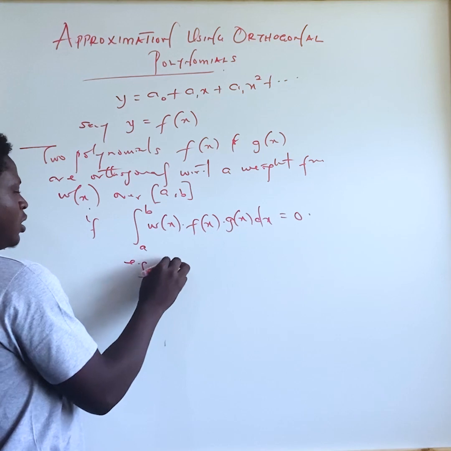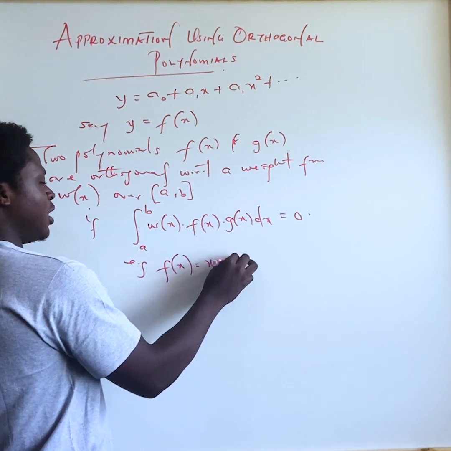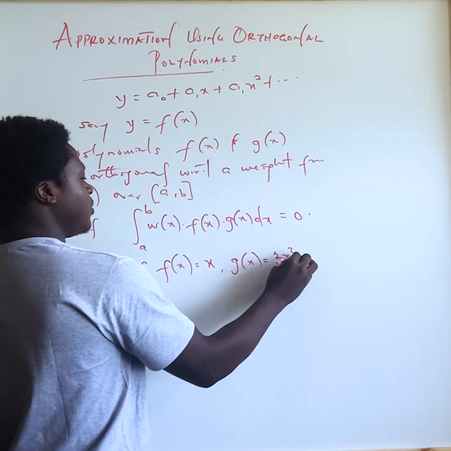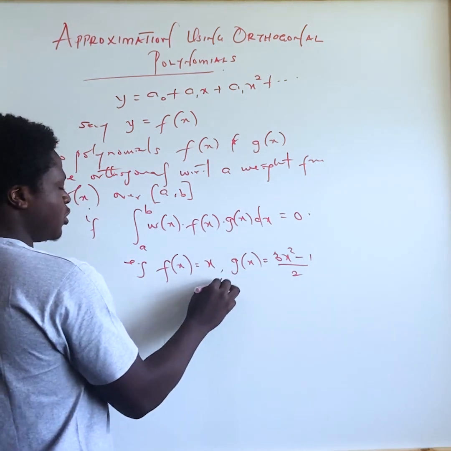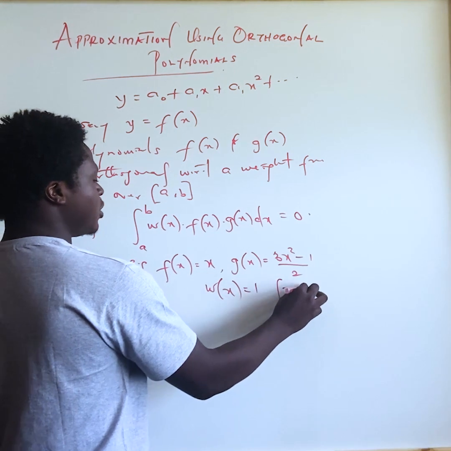Example, take f of x to be equal to x and g of x to be equal to (3x squared minus 1) over 2. And then suppose our weight function is 1 over the interval minus 1 comma 1.